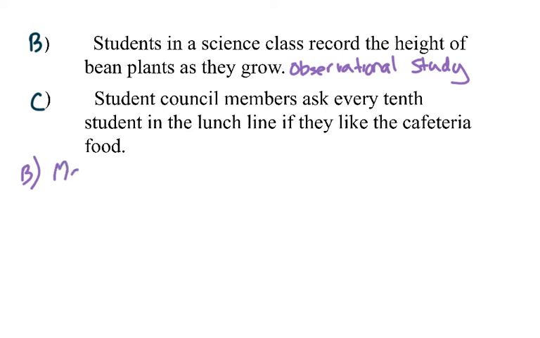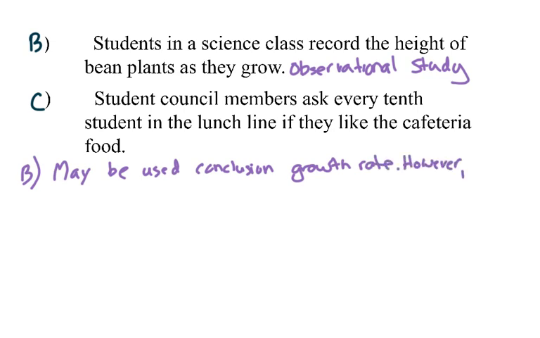They may be used to make a conclusion about the growth rate. However, we are lacking information about things like soil, sunlight, water, etc., that can also affect growth rate.